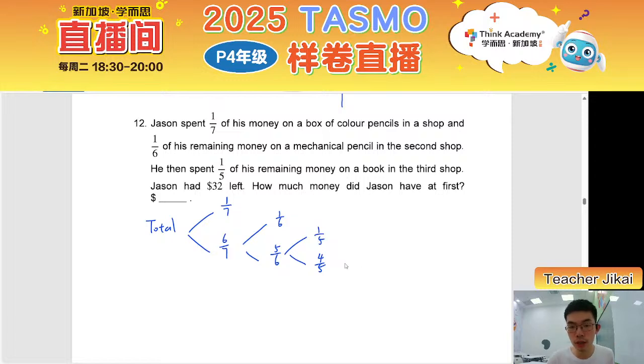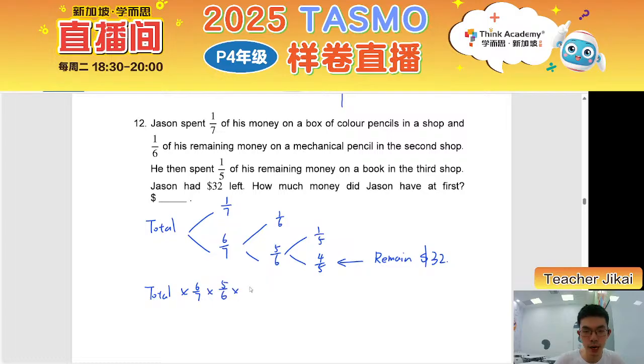And then he stops here. We know the remaining is this part, and it is $32 left. So what fraction of the total is equal to 32? You just use the chain rule. The total times 6/7 times 5/6 times 4/5, you cross it out, and the remaining part is $32.